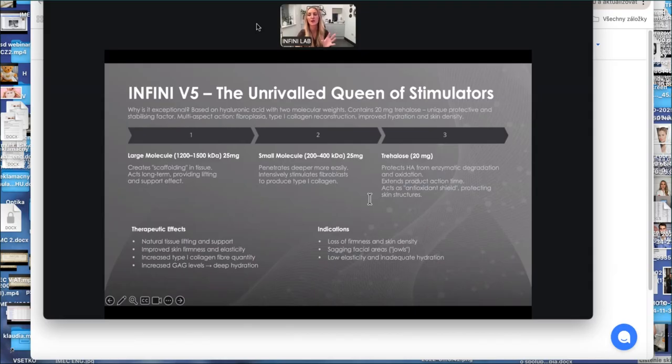Then we have a small HA, which penetrates much deeper and stimulates fibroblasts to produce fresh type 1 collagen. And then we have trehalose, a stabilizing molecule that protects the cells. So we have lifting, tightening, hydration, and collagen renewal in one product.